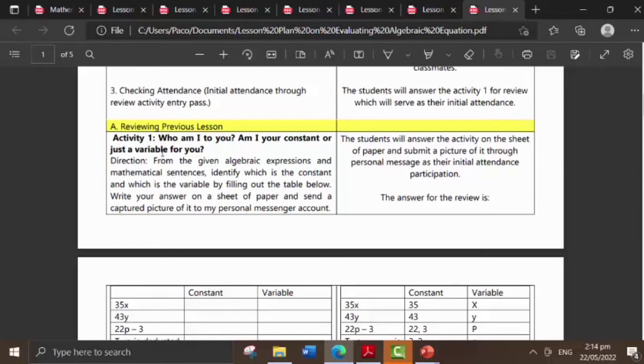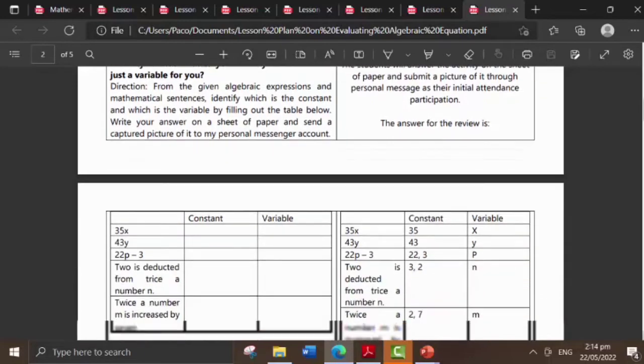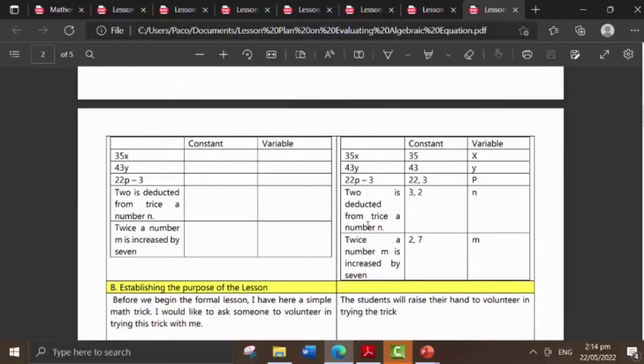In the teacher's activity, you will post the activity together with the answer sheet if there is any. In the learner's activity, it is expected to find the solution or the final answer for that activity, or if you just post a question for review, the expected answer for the review should be written here in the student's activity.